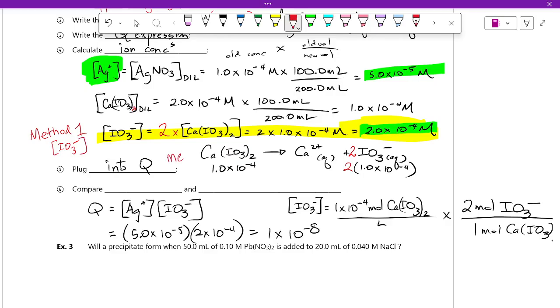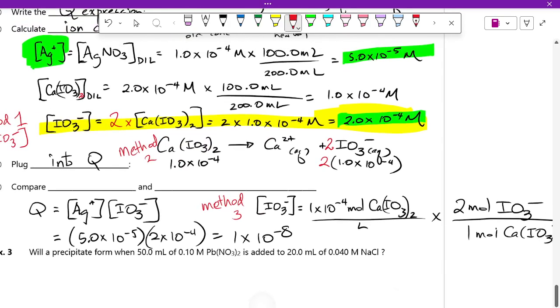This is method 2, and this is method 3. Only pick one, don't do them all, because that's crazy. I'm only showing them to you in case you like one better than the other, or they make more sense one way or the other.